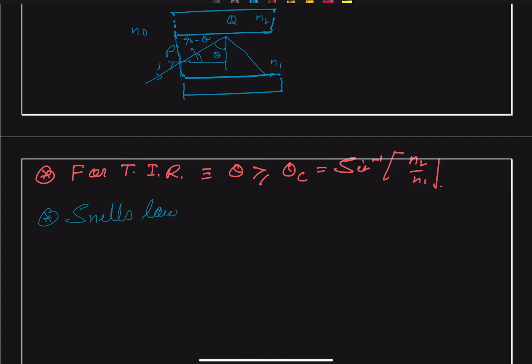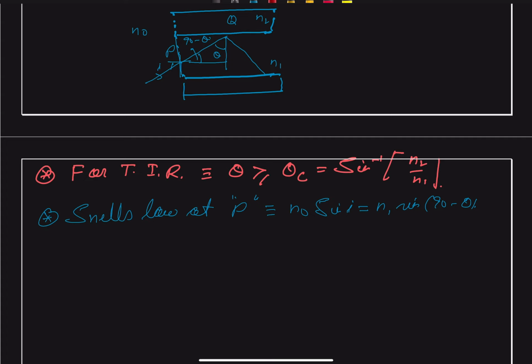And we are going to use Snell's law at point P. Snell's law at P, we can write as n0 sine of i is equal to n1 sine of 90 minus theta.